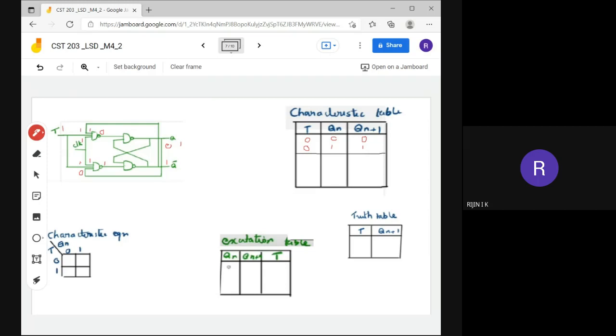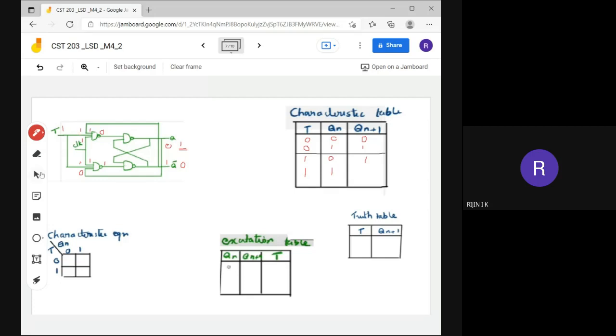Then here it is a complement, so it is 1. That means if you give T as 1 and the current state is 0, then you will get the next state 1.